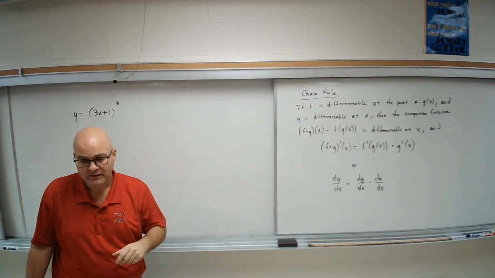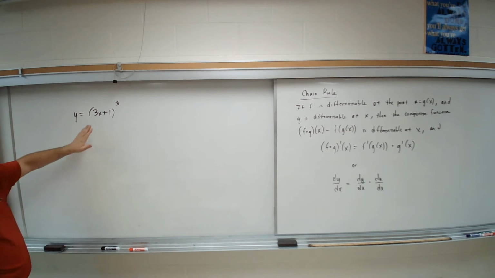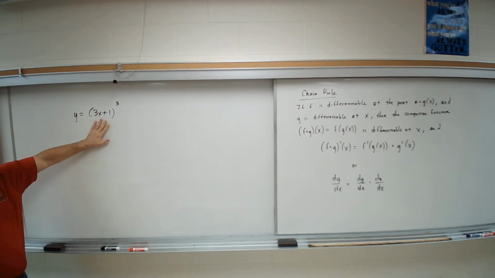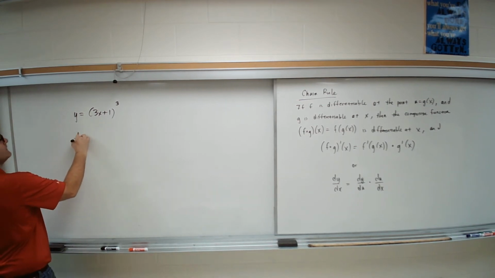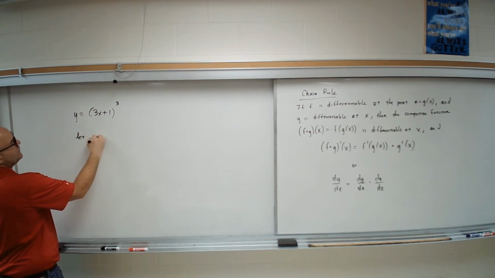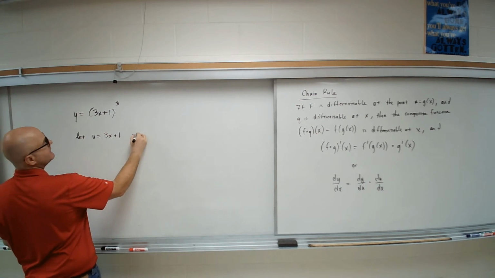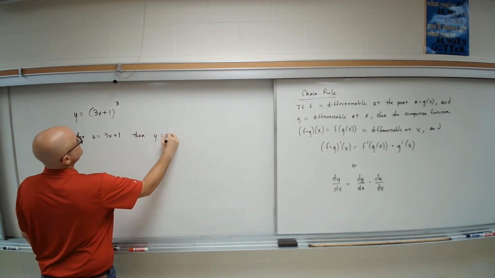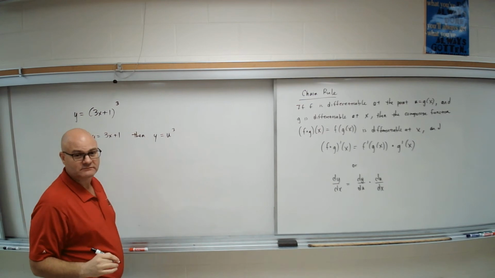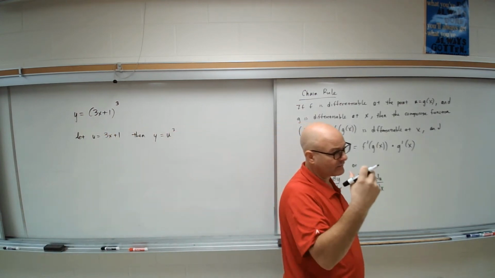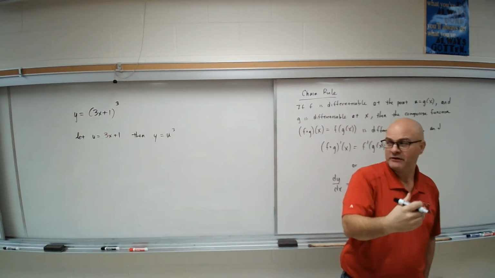I think it's a little more apparent. The inner function we said was 3x plus 1, so we're going to let u equal 3x plus 1. And once we do that, y would just equal u cubed, correct? I replaced the 3x plus 1 with u.